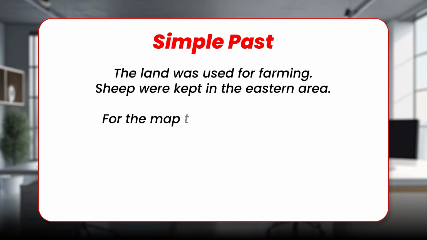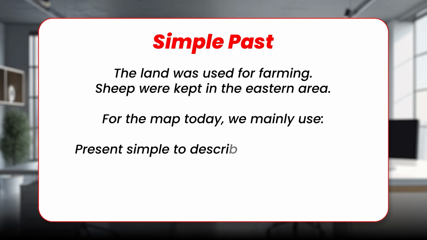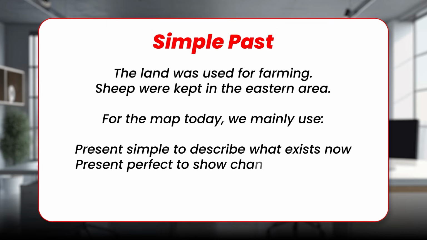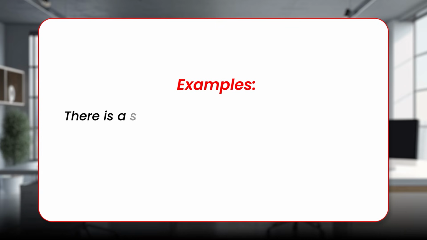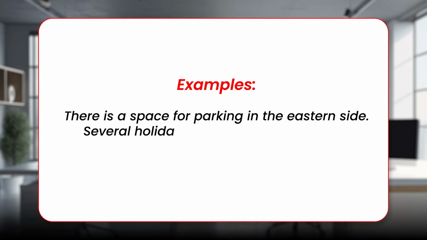Now for the second map, you will be using simple present tense in order to show the different locations and also present perfect tense in order to describe the changes. So there will be sentences like there is a space for parking in the eastern side and several holiday cottages have been built.